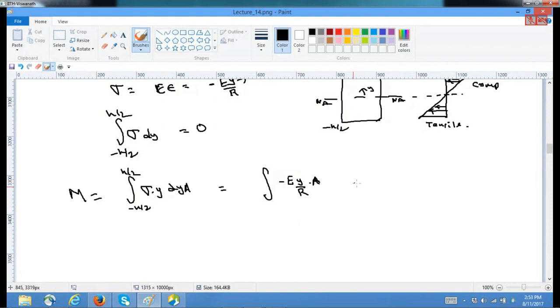Okay, moment M y dy, that is equal to E by R y square, or you can write M by E is equal to the integral of y square dA divided by R.